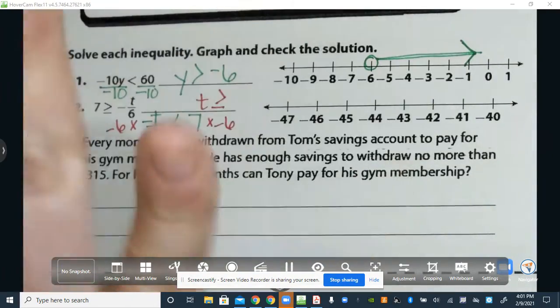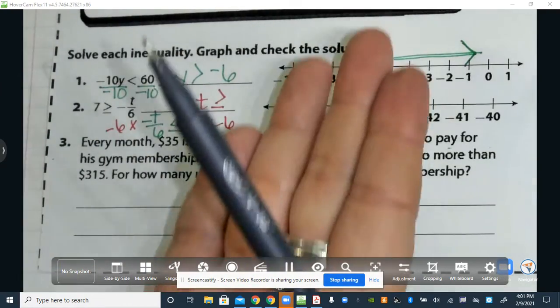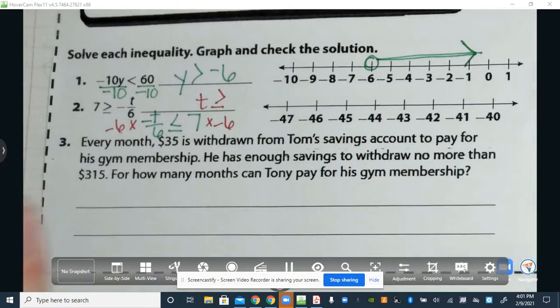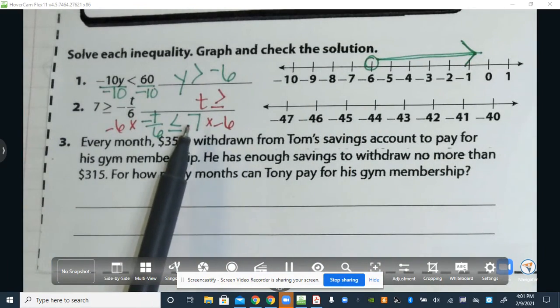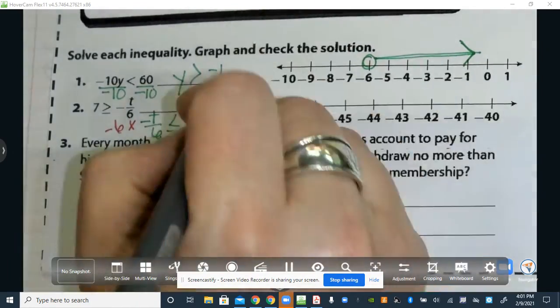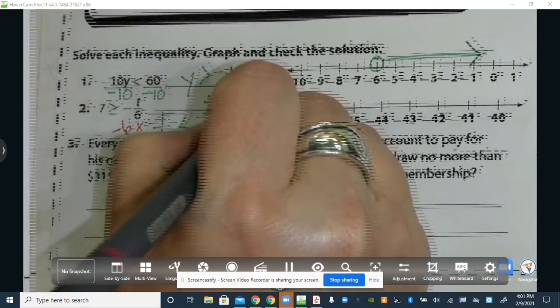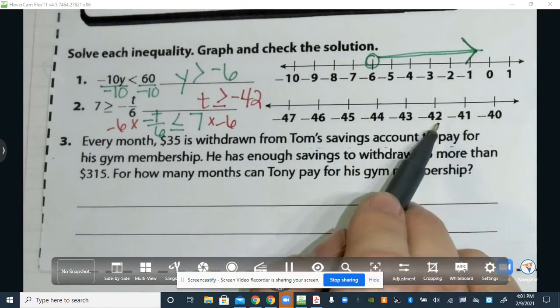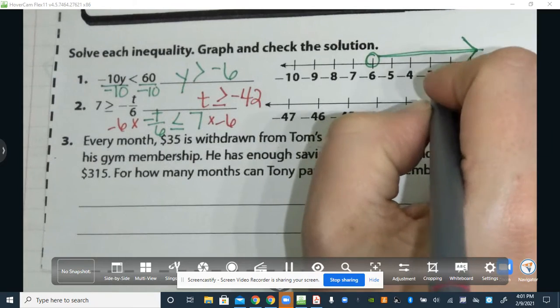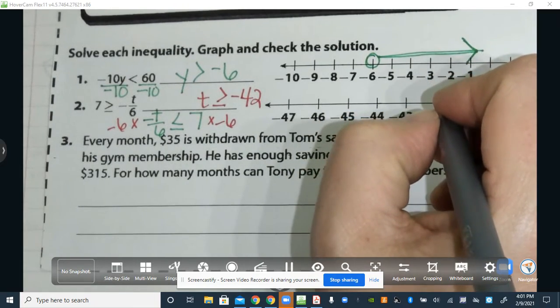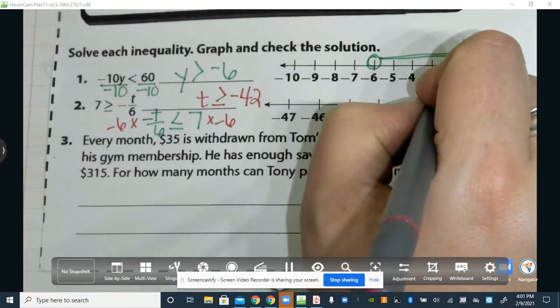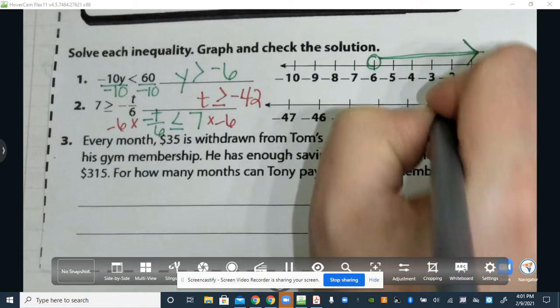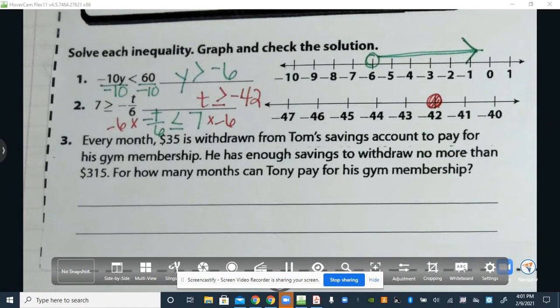Just got to think of it like a spatula underneath to flip your pancake. And 7 times a negative 6 gives me a negative 42. So I'm going to find where negative 42 is on the number line. I'm going to circle it. I'm going to shade it in.